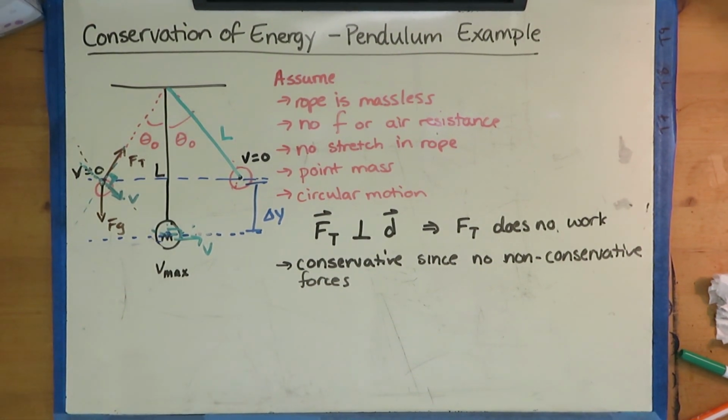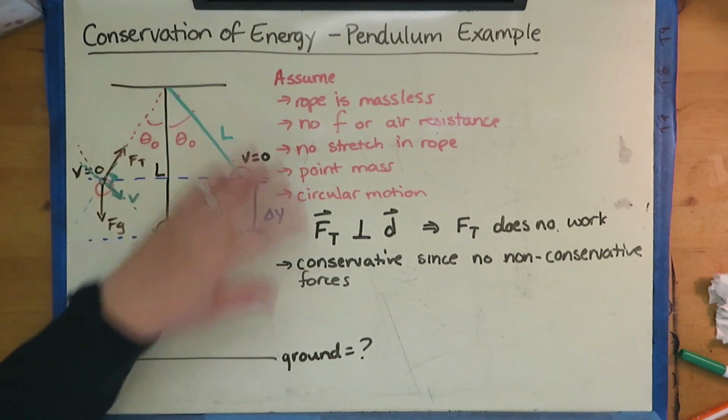And when I do conservation of energy, one of the first things I have to do is define where potential energy is going to equal 0. Well, there could be ground down here somewhere, but I often don't care about where the ground is located. So when I choose my 0 height for my reference, I want to choose a value that is representative of my motion.